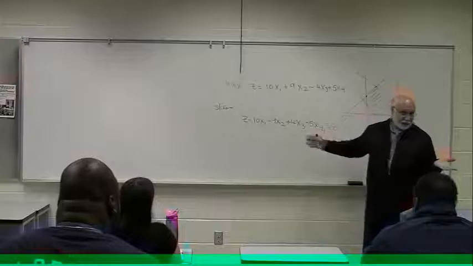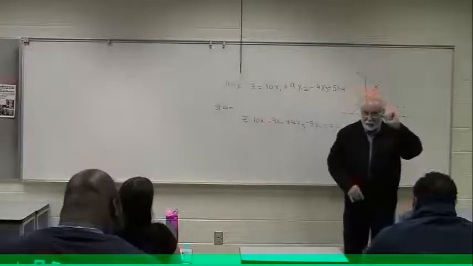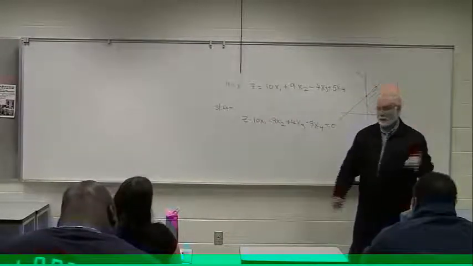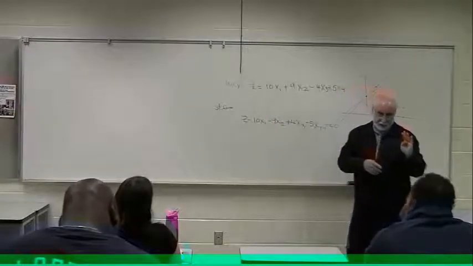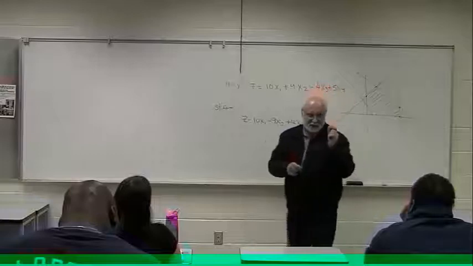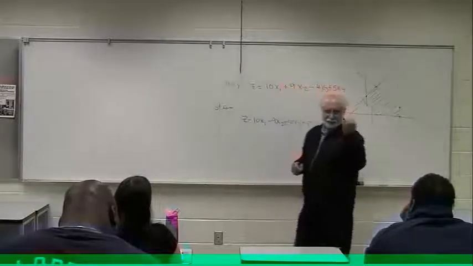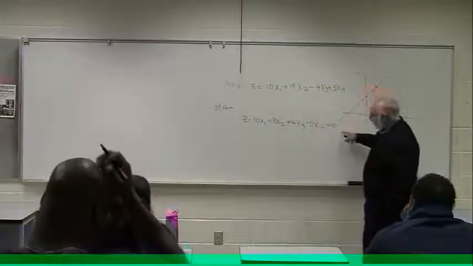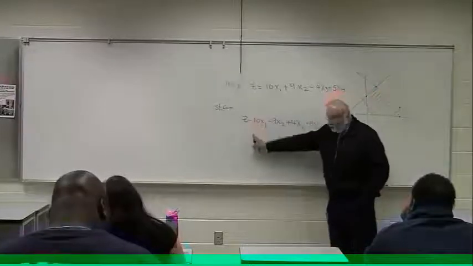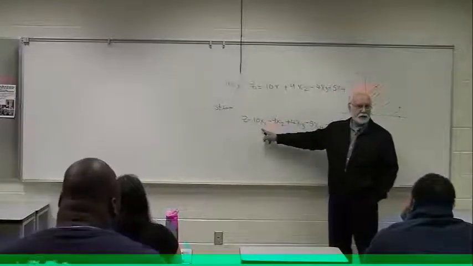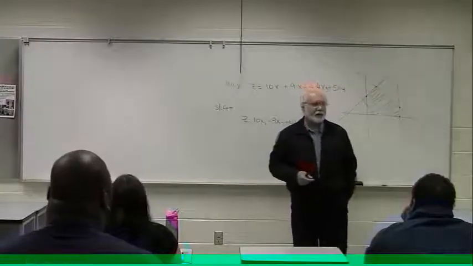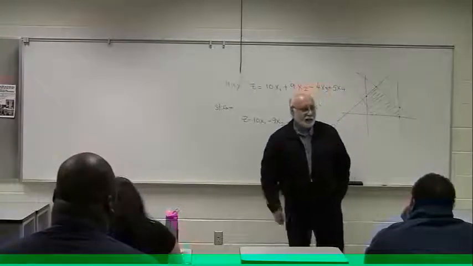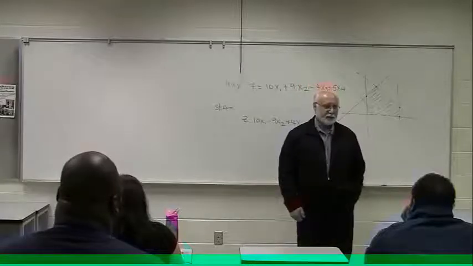That's larger than all the other negatives in magnitude, which makes this minus 10. Okay? It's just the words. Be careful with using the words. So this is how you go. That is where the rule comes from. And it says, how do you select the entering variable?